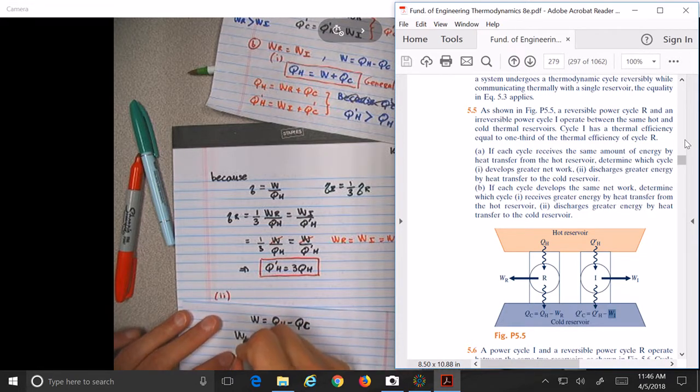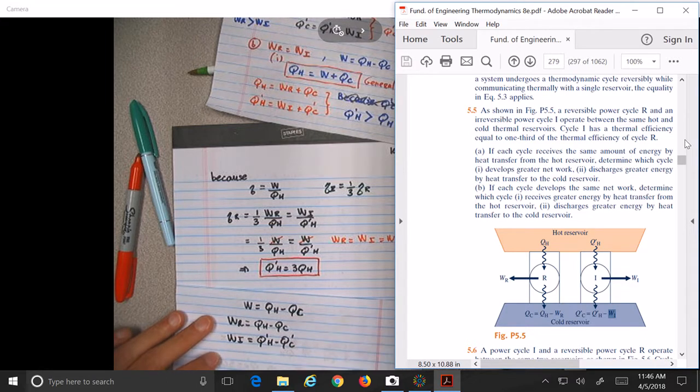So this one will be equal to each other, because we know that WR equal WI, H minus QC, QC.